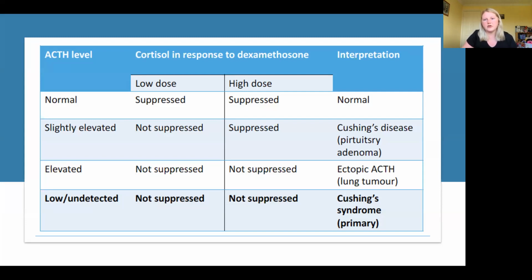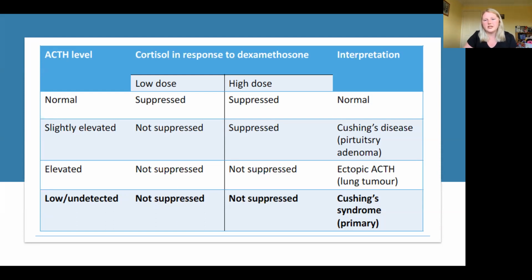In the case of Cushing's disease, which is at the level of pituitary adenoma, this would suggest that the problem is coming from higher up, which would explain why we have a higher level of ACTH. And again, an ectopic ACTH tumour, such as a lung tumour, would cause elevated levels of ACTH, which then trigger higher levels of cortisol.